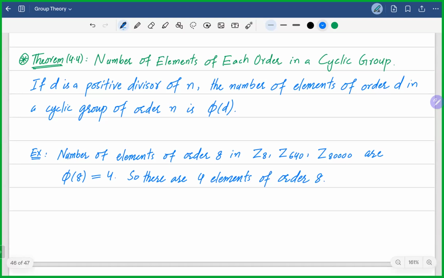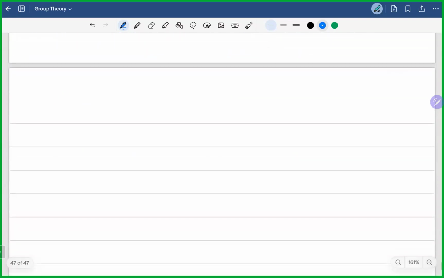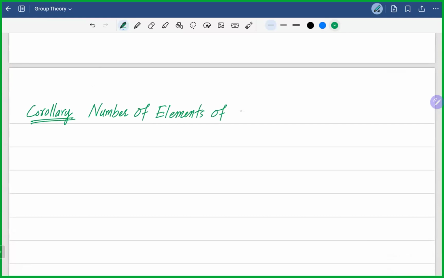The corollary is, although there is no formula for the number of elements of each order for an arbitrary finite group, we still can say something important in this regard. And that we can say in this corollary. The corollary gives you the number of elements of order d in a finite group.